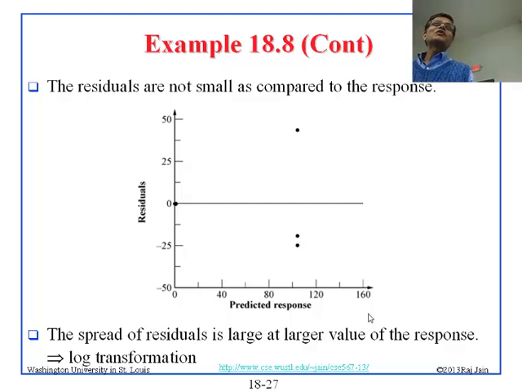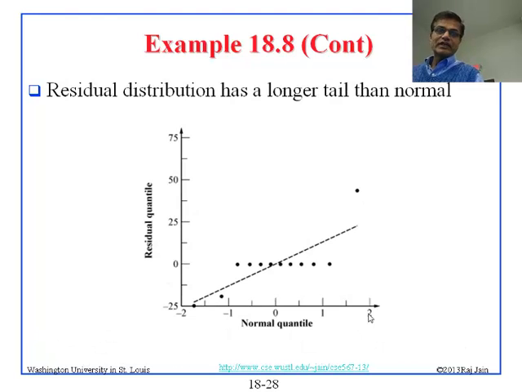So the errors don't go down. All right. And the error is 0 here, and then this is like that. It doesn't look like constant error standard deviation either. So it fails that test as well.